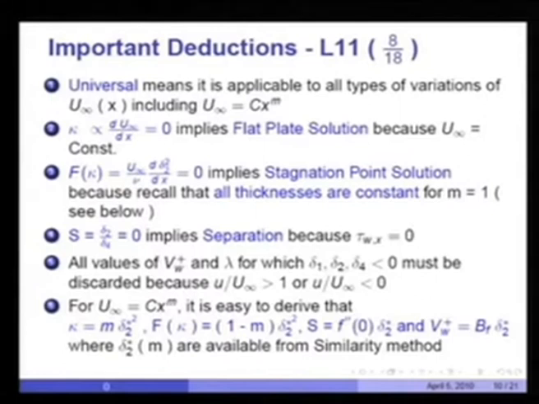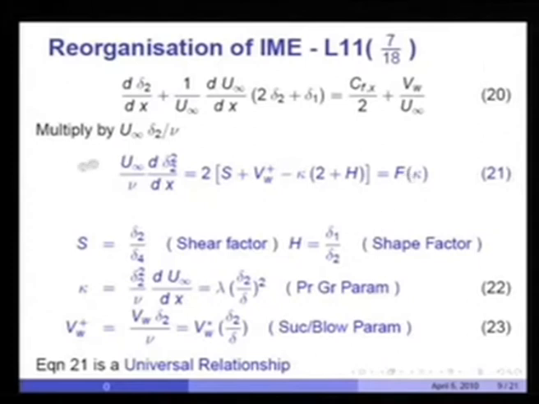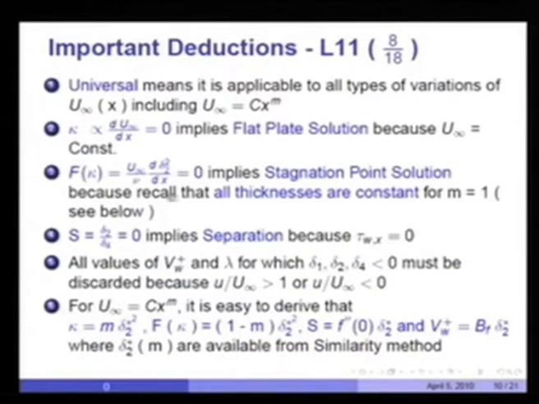On the other hand, the right hand side f kappa, or u infinity over nu d delta 2 square by dx, equal to 0 implies that delta 2 is constant with x, and as you will recall from our similarity method, it represents stagnation point solution, because for m equal to 1, all thicknesses delta 1, delta 2, enthalpy thickness, heat transfer coefficient, all are constants with x. That is the characteristic of a stagnation point solution.